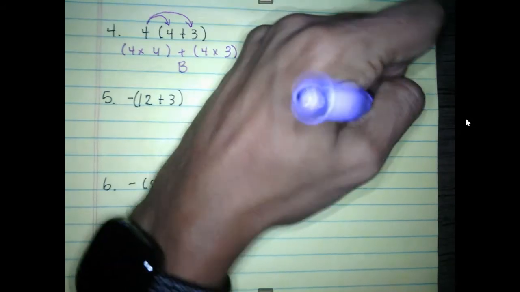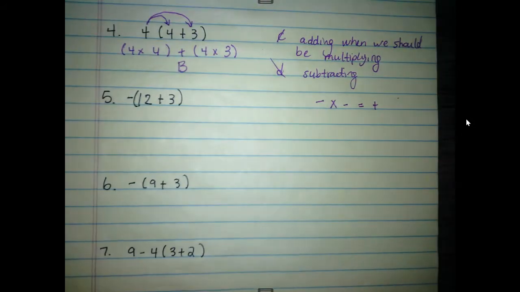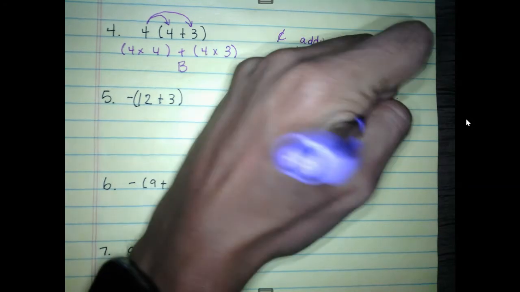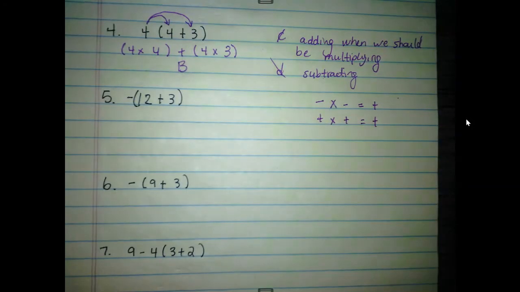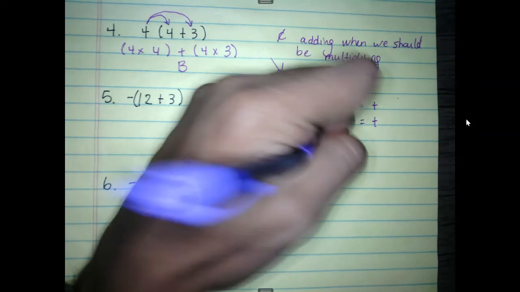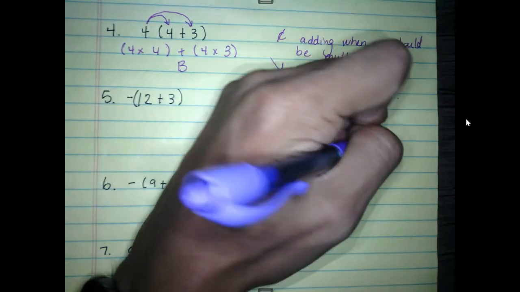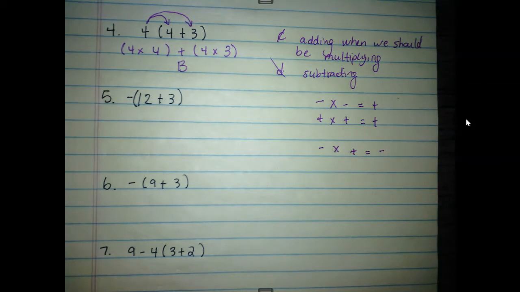A negative number multiplied by a negative number is a positive. A positive number multiplied by a positive number is a positive. So when the two numbers are the same, they get along. A negative number multiplied by a positive number is equal to a negative number. So when the two numbers have different signs, they fight.